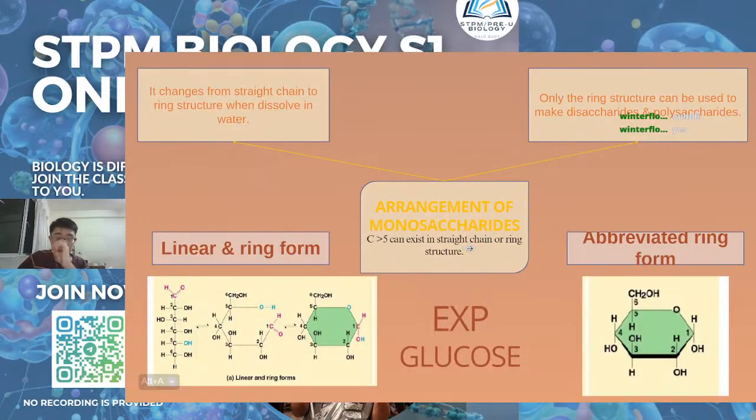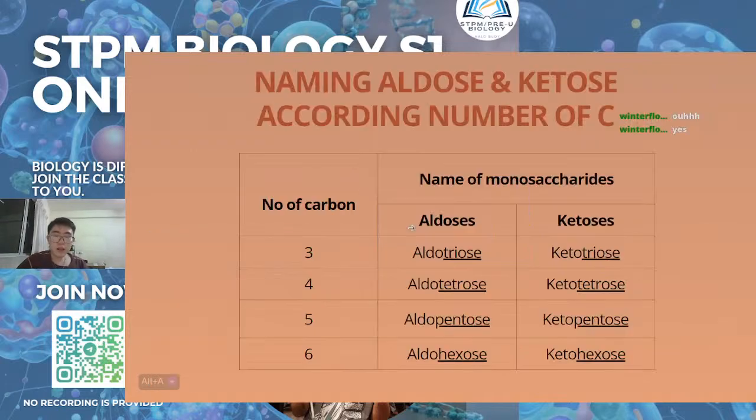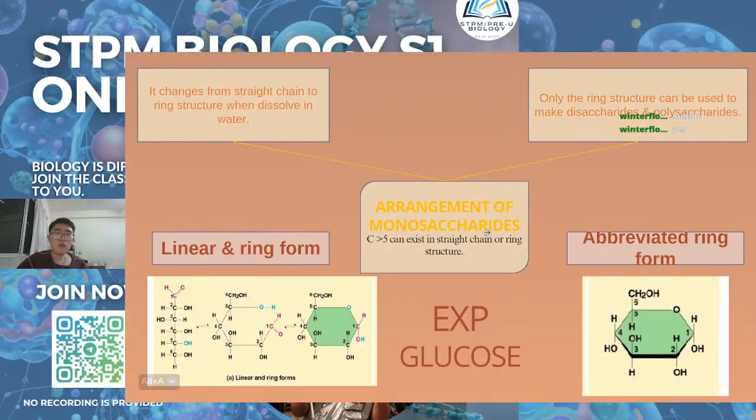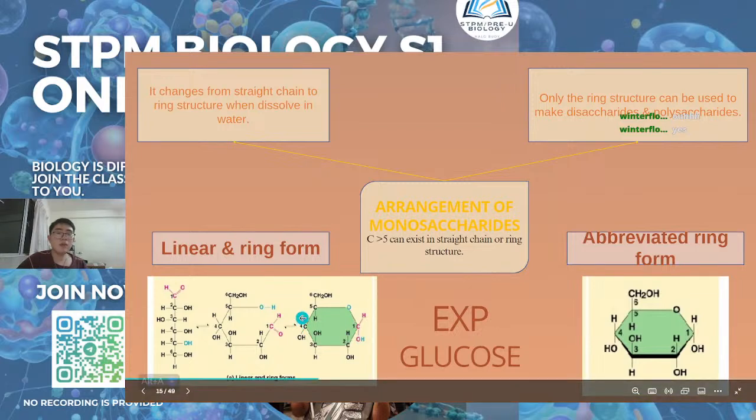Okay, and this one I think is more important to you guys: the arrangement of the monosaccharide. This structure is actually the linear form, as you write in organic chemistry. In your textbook, your glucose molecule is drawn in ring form.